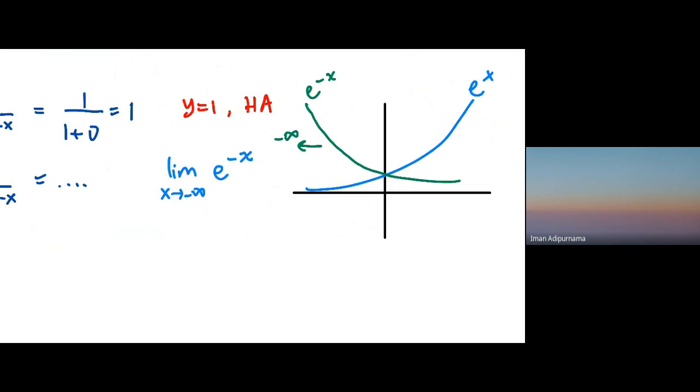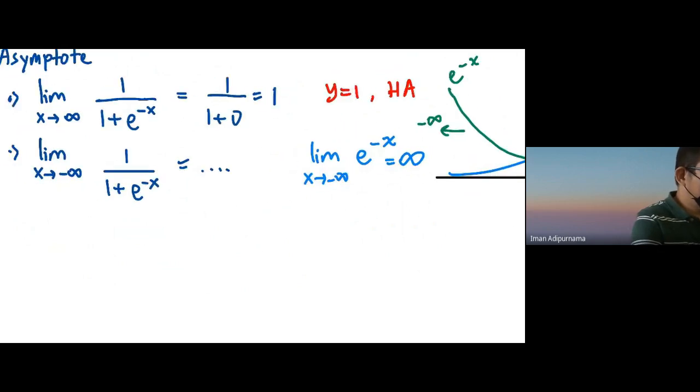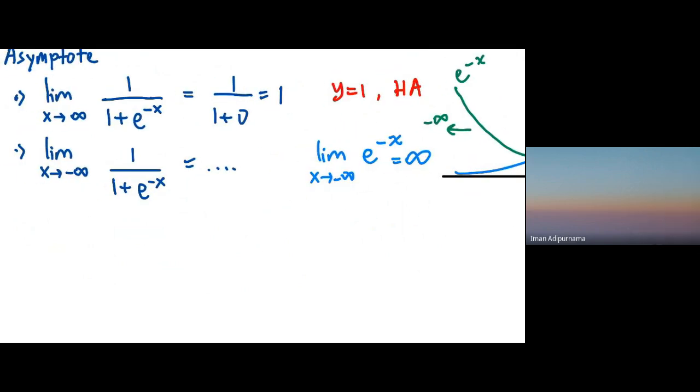But when it's going to negative infinity, it's going large and large and large, right? Okay, so we can write here that this is infinity, okay? And in this one here, 1 divided by infinity, something big, it's 0, okay? So that's why it's 0 here.